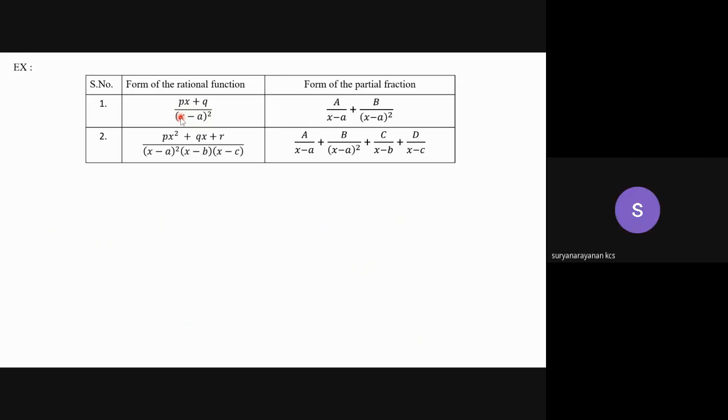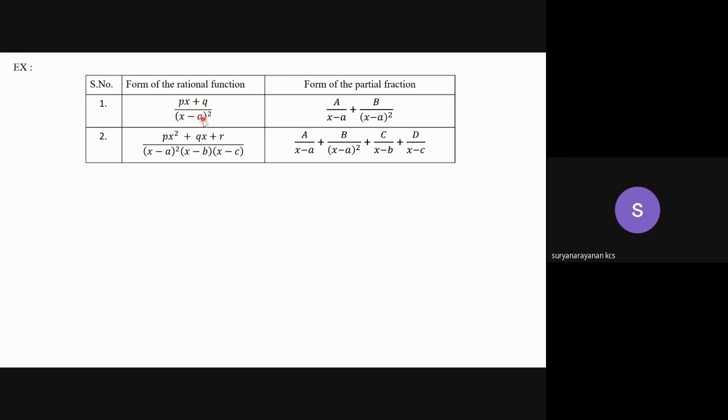Because x minus a whole square means x minus a into x minus a. Yes or no? So 1 plus 1, 2. Here the degree of the numerator is less than the degree of the denominator. That is why this is called a proper rational function. For this proper rational function, when we are writing partial fractions, first we have to observe the denominator.